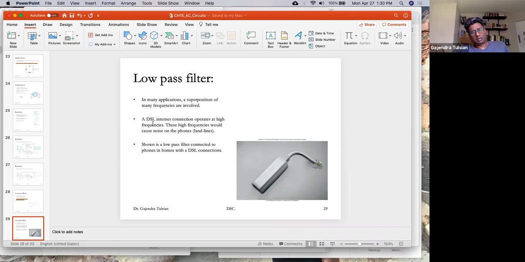I don't know if you guys use DSL for internet connection. DSL is provided by a phone company, and they use the same wire to send internet data and voice data. Voice data is sent over low frequency signals, and internet data over high frequency signals.